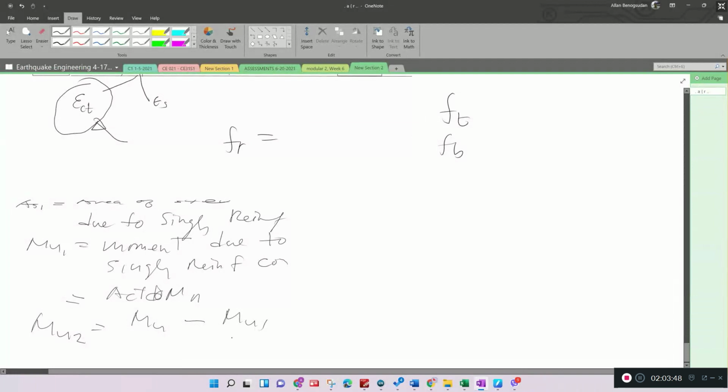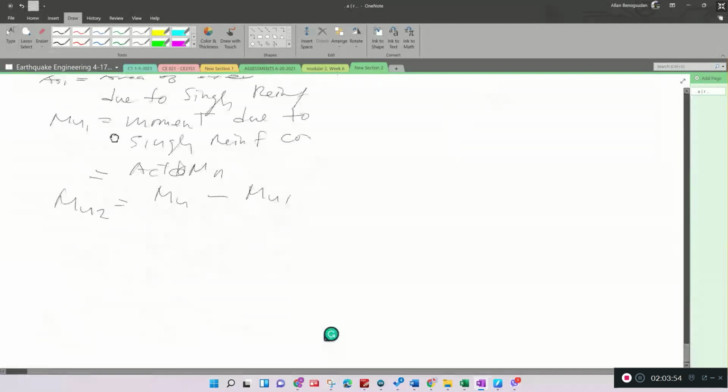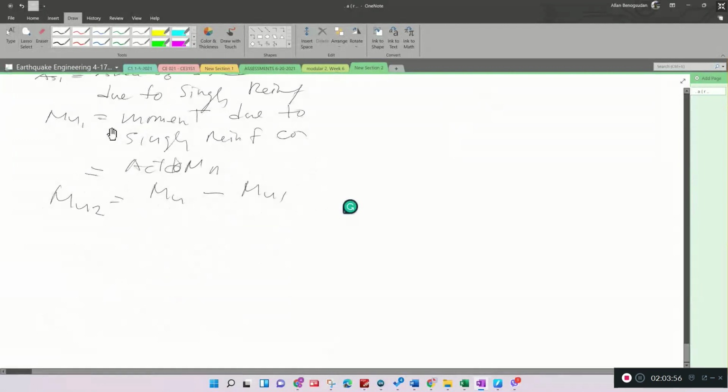Ano ba yung Mu natin? Anyway, ginawa na natin ito last time. Okay, and we're just reviewing now. Mu. So, ano po ito? 287.20 minus 2%. Ito yung actual. So, you end up having 40.06 kilonewton meter.